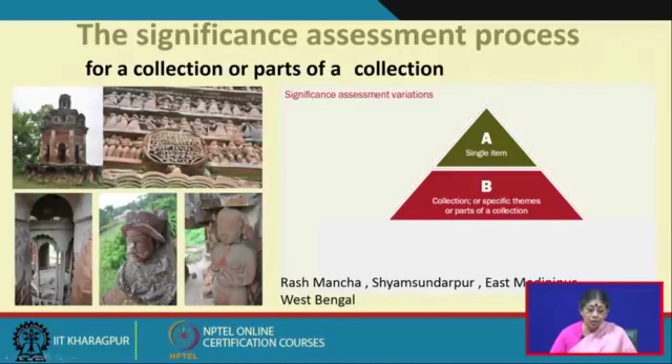In addition, you can see the terracotta murals, and the tiles with a lot of stories and myths written. There are also some sculptures, and you can see the influence, like the one on the top of the Rash Mancha, which has a strong European influence.